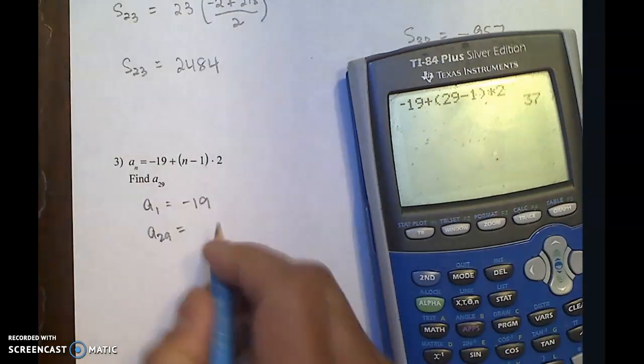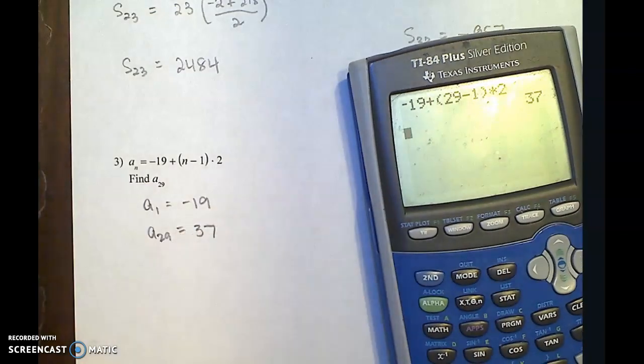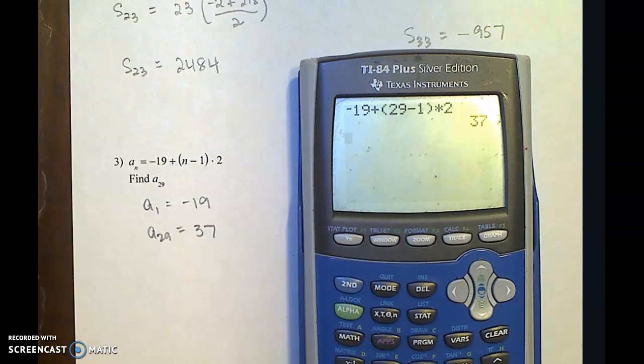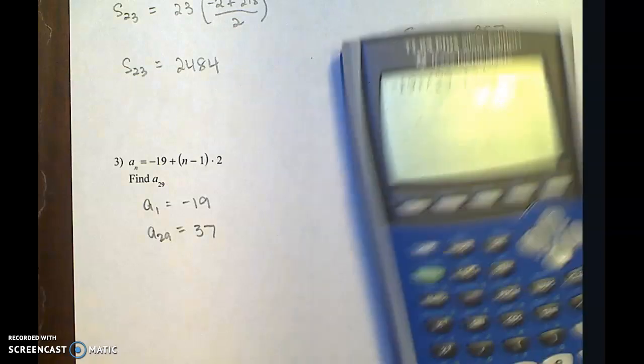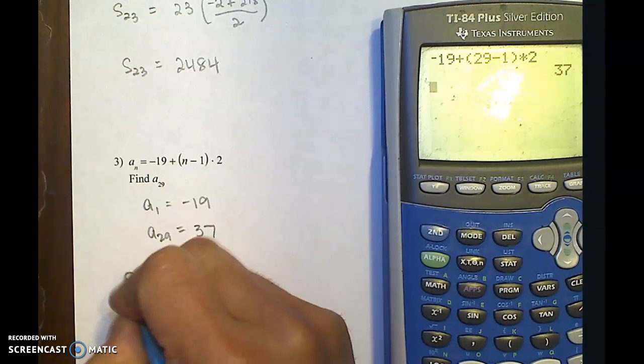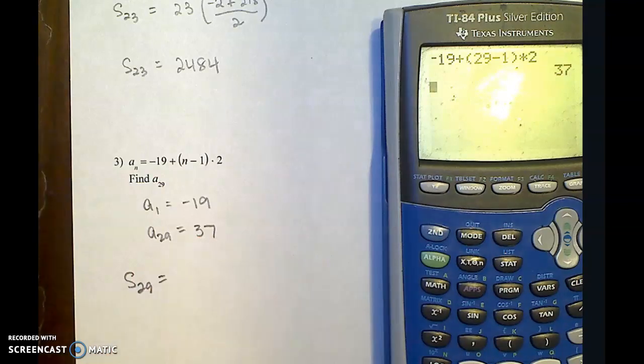It's 37. Alright, so now we want to find the sum of the first 29 terms.